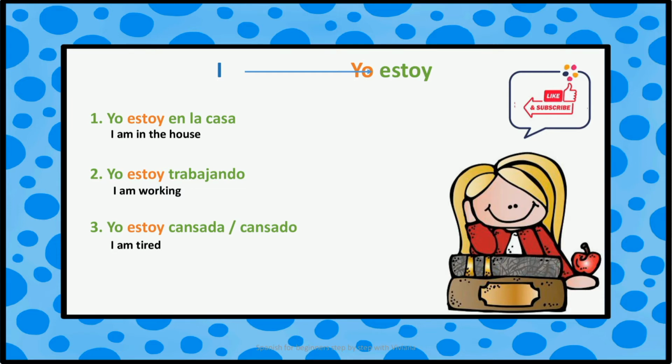Okay, before going on with this example, you need to know something. In Spanish, when you are talking about a feeling or maybe about an adjective, you need to think about the gender. For example, in English, you say, I'm tired, but in Spanish, if you are a man, you need to say, yo estoy cansado.